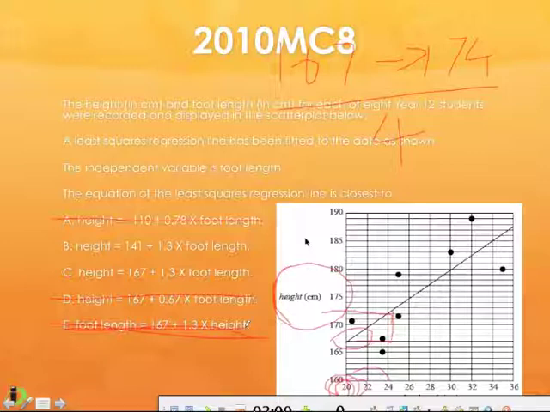Because when I did my own answer, I went, well, that's the y-intercept right there, because I did not look down here at this 20. So therefore it cannot be that one. If that's 20 and it crosses at 167, it has to be B. So even I can get tricked, guys, so make sure you're reading things properly.